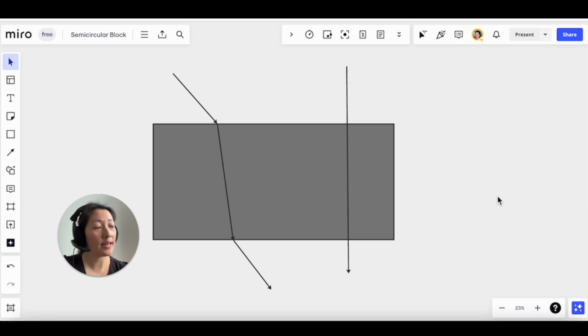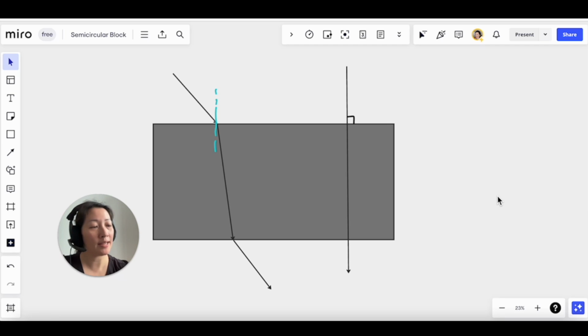So we know that this angle is 90 degrees, but remember that the incident angle is always measured between the normal line and the light ray. So if we were to refer first to the first light ray on the left-hand side, this is the normal line.